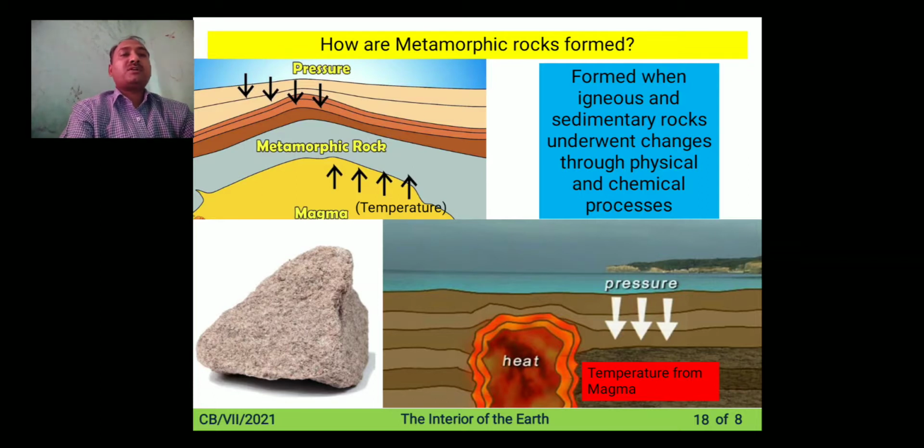It is called metamorphic rock. So physical changes as well as chemical changes we can find in this particular kind of rock, and it happens because of high temperature and high pressure. So this rock is specially known by the name of metamorphic rocks. So this is the information which is given to you here about the formation of metamorphic rock.